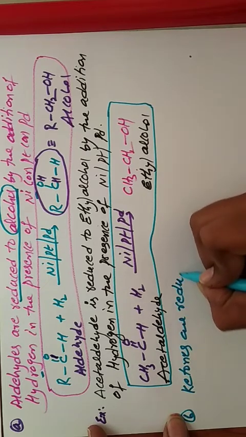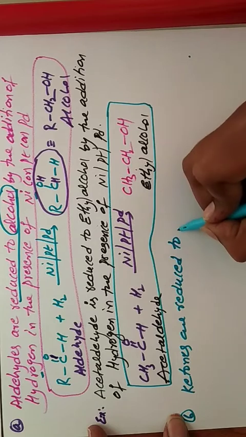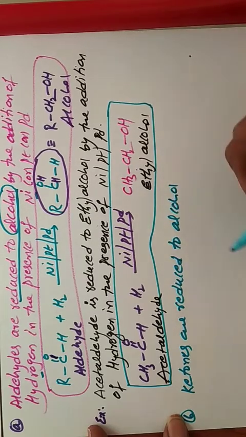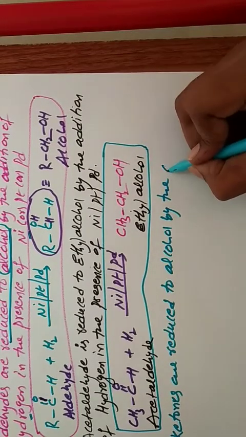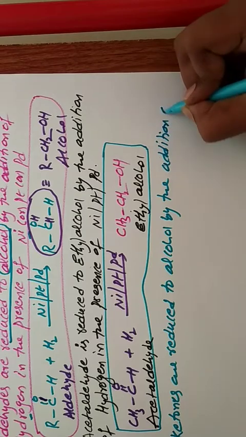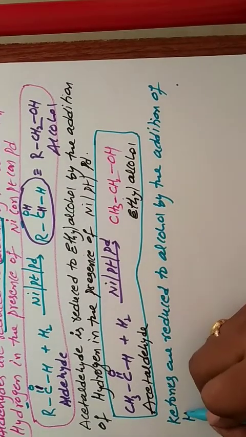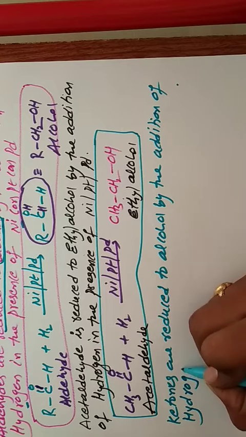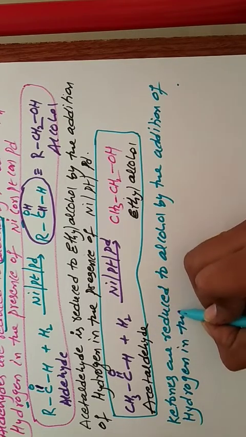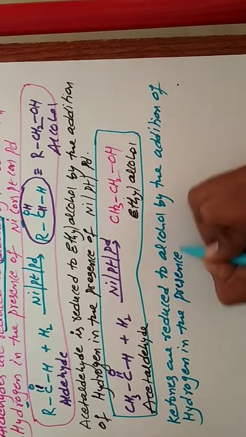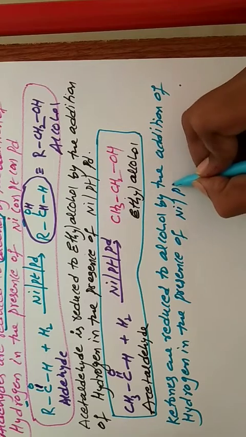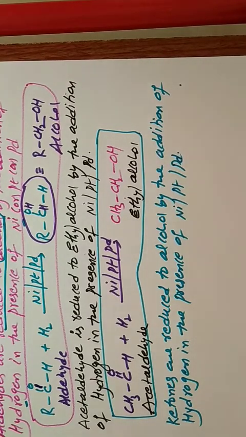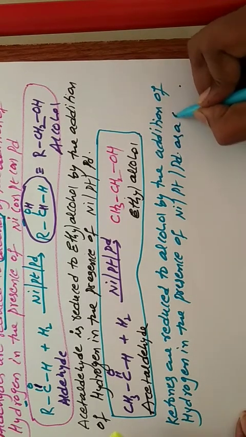Ketones are reduced to alcohol by the addition of hydrogen in the presence of the same nickel or platinum or palladium. So nickel, platinum, palladium are generally used as a catalyst.